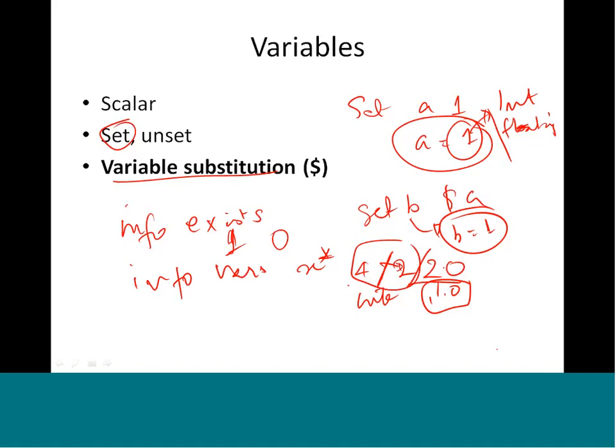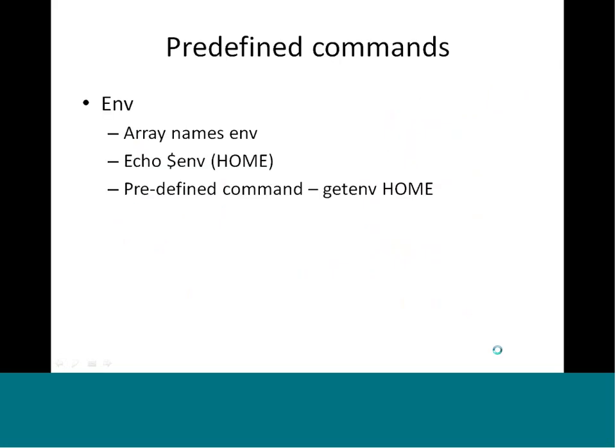Then one thing that Synopsys provides is also a set of predefined variables. One example is env. So env is a variable that contains all the environment variables. We can use commands like array names env. This command will print out the list. It contains element names that correspond to the names of the environment variables.